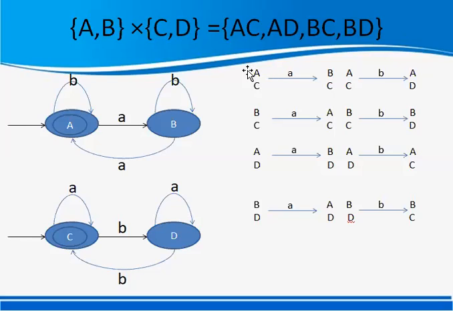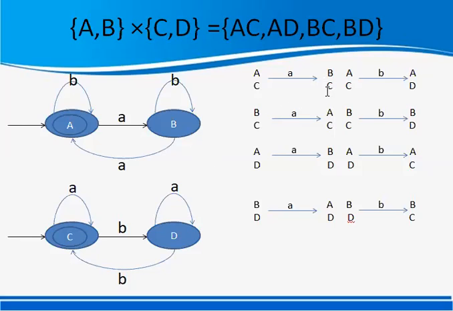First we will check from state A. On input small a, our next state will be B. We can check this from this DFA. And then we will check from state C on input small a. From state C on input small a, our next state will be C itself.